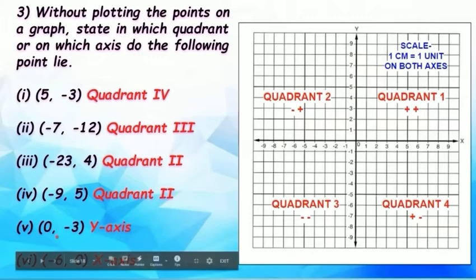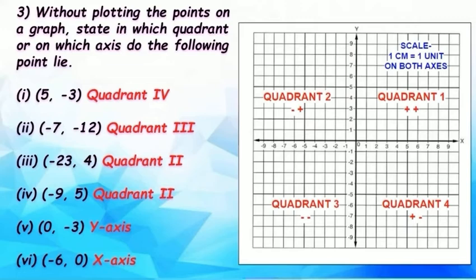The next point given to us is (0, -3). Now we know any point that lies on the y-axis has the x coordinate as 0. Therefore, this point lies on the y-axis. And the next point given is (-6, 0).